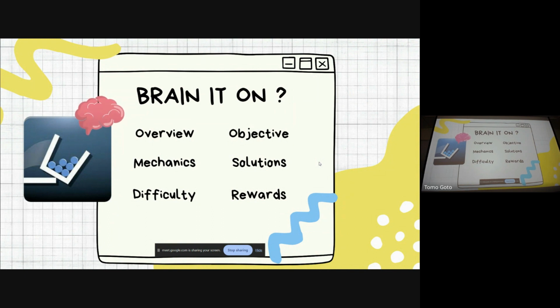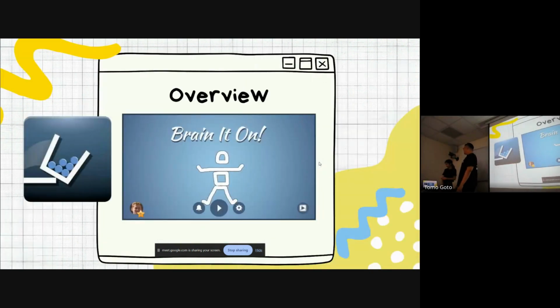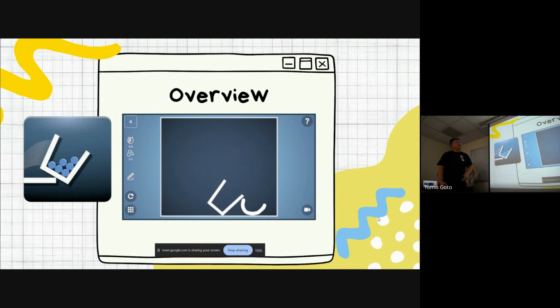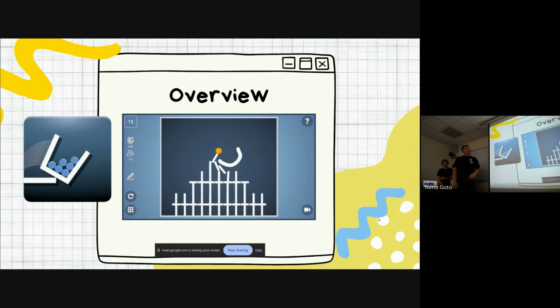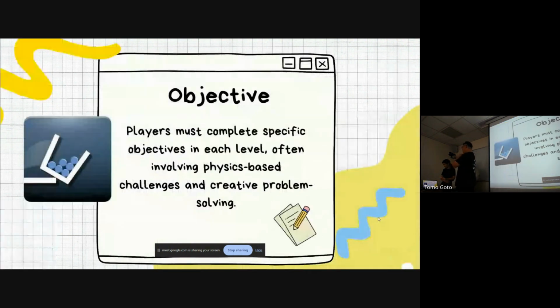So for the game introduction, I split it into six parts. First, the overview, and then the objective, the mechanics, solutions, difficulty, and rewards. In a nutshell, the game looks like this. You can draw objects, and it's a sandbox, basically. The objective of the game is that players must complete specific objectives in each level.